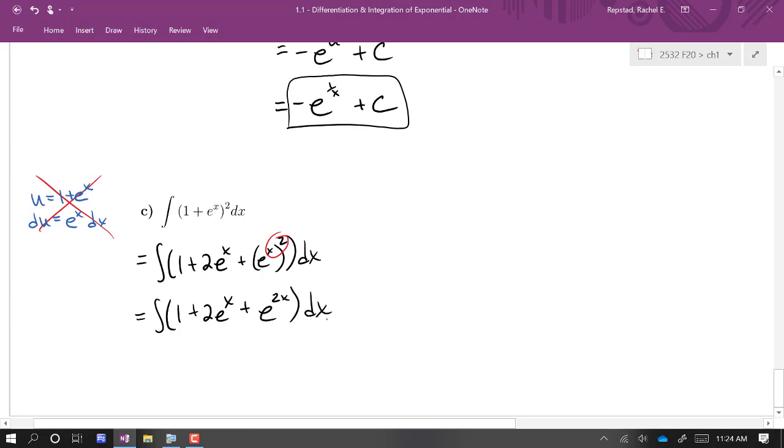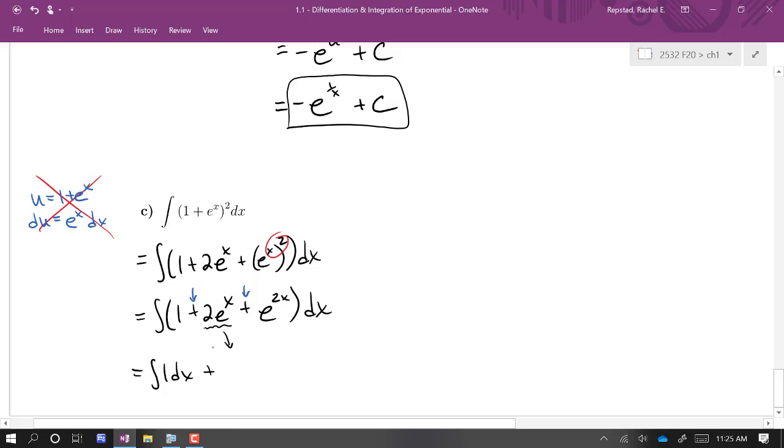And now we can use another property of integrals, which is super convenient, which says I can split up an integral over addition here. So I've written this in this line as one integral, but I can actually just rewrite it as 3 different integrals. So I've got the integral of 1 dx plus, and I'm going to do 2 things for this middle integral, okay?